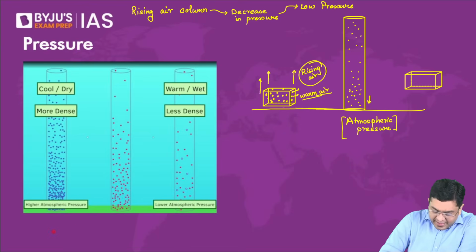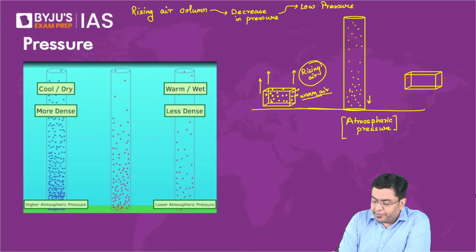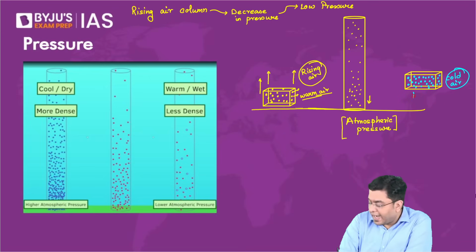Conversely, let's suppose here I have the presence of colder air. Now, in colder air the particles will get much closer to each other because they have lesser energy. When they have greater energy, they move around, but when they have lesser energy, they will stick closer to each other. So will that colder air become lighter or heavier? It will become heavier, isn't it? So when you have cold air, it becomes heavier, and anything which is heavy will tend to sink.